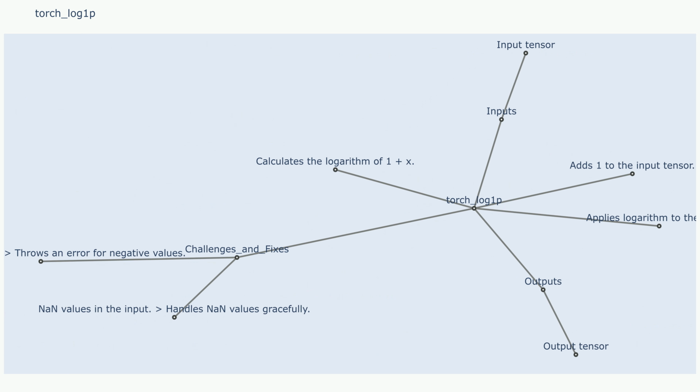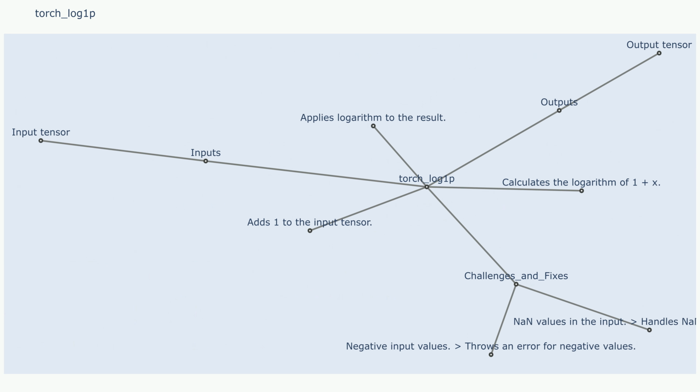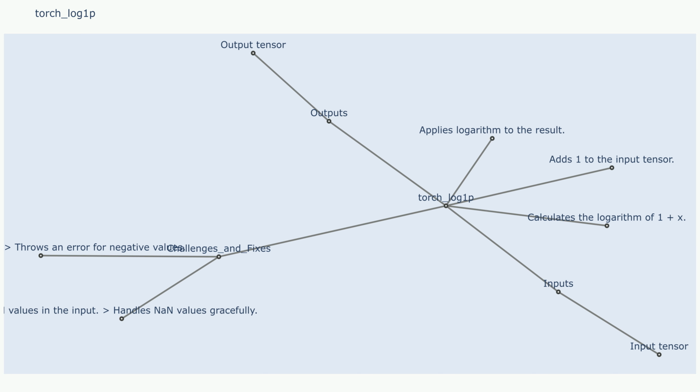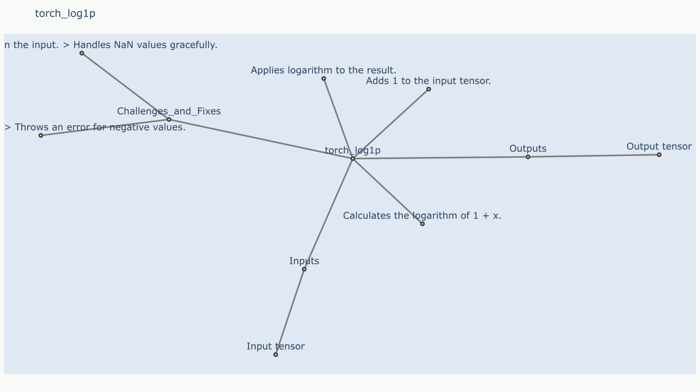Challenges and fixes. Challenge 1: Input contains negative values. Sample use case: calculating log1p on a tensor containing -1. Fixes: input must be greater than or equal to -1. This is because log1p(x) is undefined for x less than -1. You can either clamp the input to -1 or use a different function if you need to handle negative values.